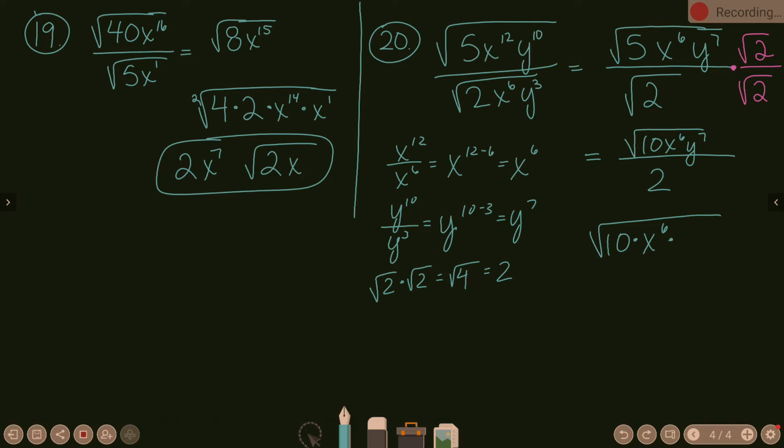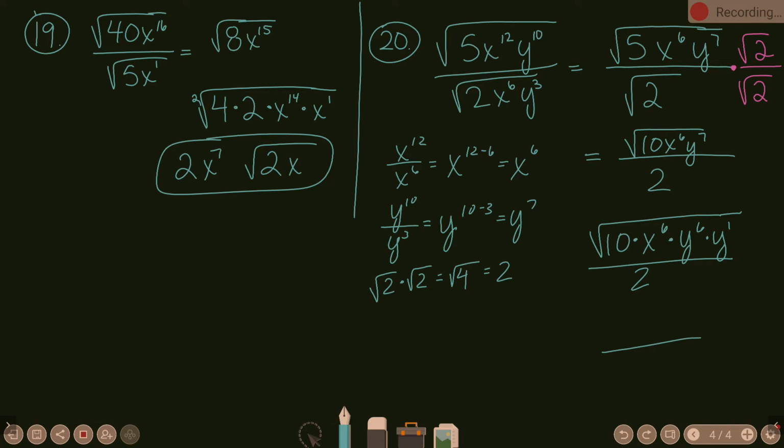Y to the 7th, am I going to be able to divide that by 2? Can't divide 7 by 2. The closest number below 7 is 6. So y to the 6th, y to the 1st. Still all over 2. Okay, almost there.